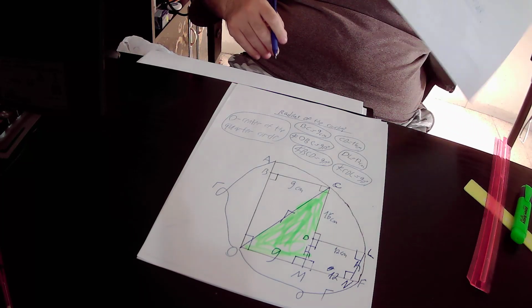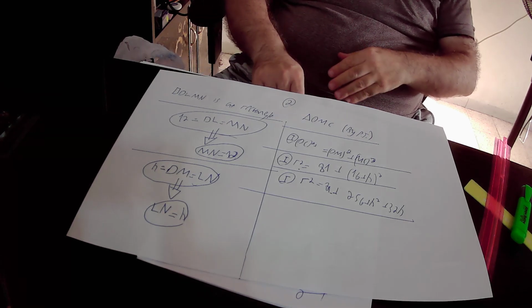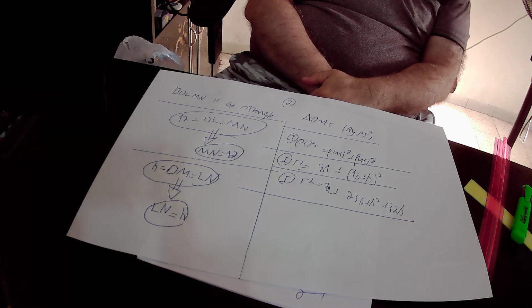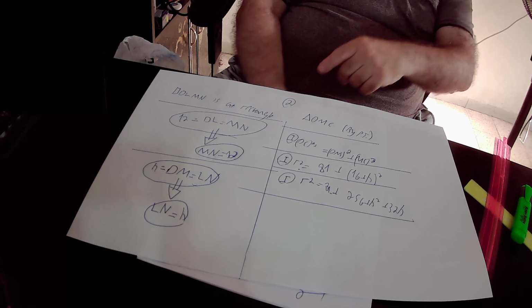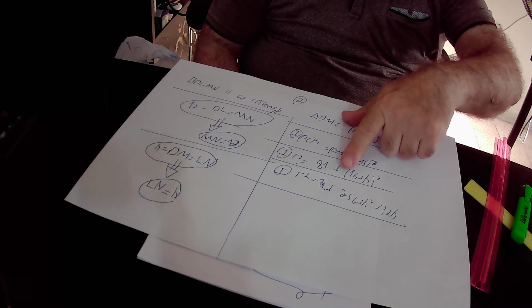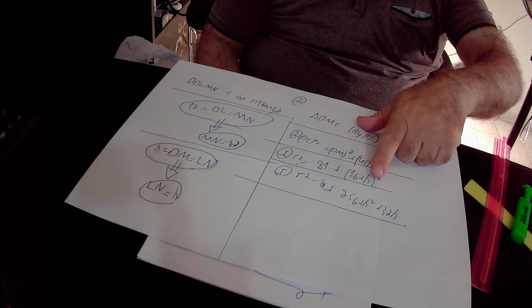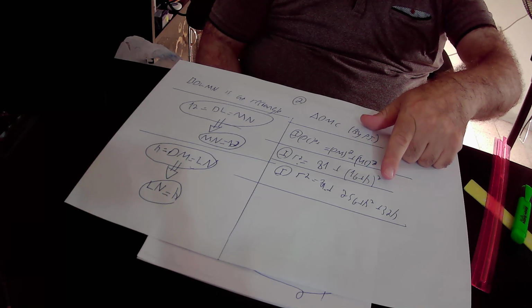So in conclusion, according to equation number 1, R square equals 81 plus 256 plus 8 square plus 32H.